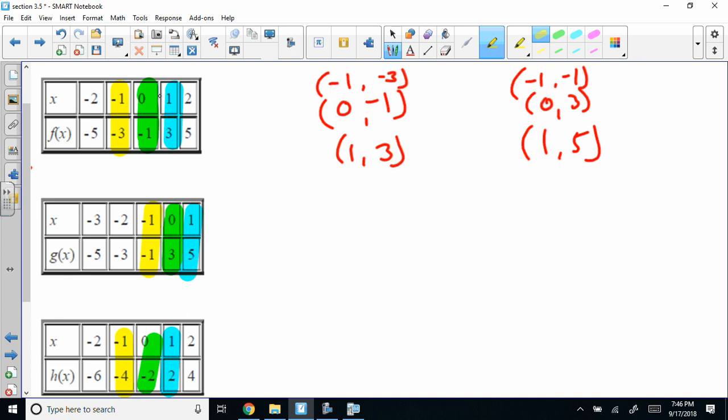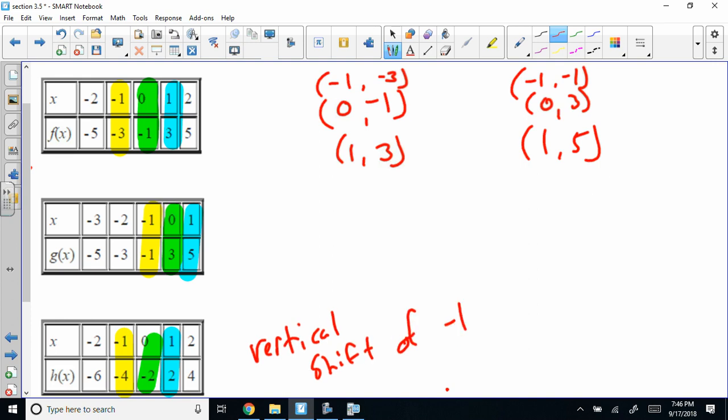One, one, one. That's just, h of x went down by 1, didn't it? That's the only thing. It went down. It was a vertical shift of what? Between these two? Yes or no?